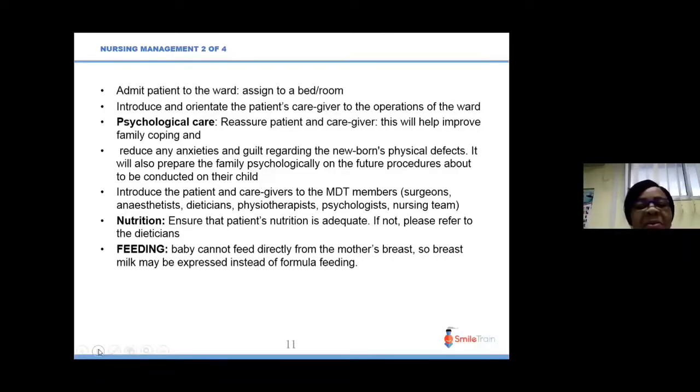All right, thank you. So I was talking about admission. As you admit them, remember they are new to that environment. It is the duty of this nurse to introduce the parents to the environment. Show the parents where to keep this, keep that, the toilet and so on.